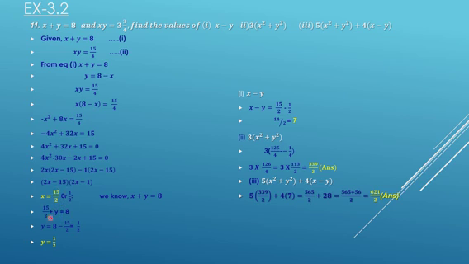Now 15 by 2 plus y we know is equal to 8 because x plus y is equal to 8. So value of y is 1 by 2. So we know that value of x is 15 by 2 and y is 1 by 2.